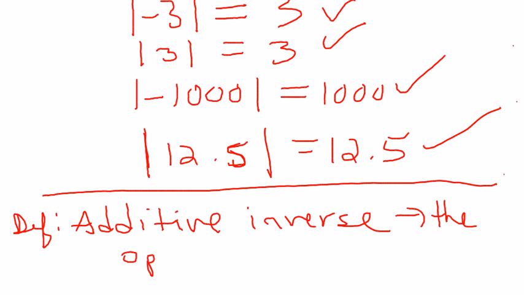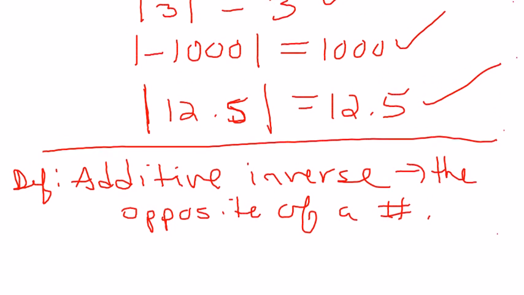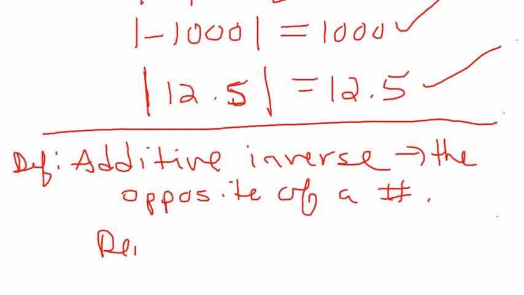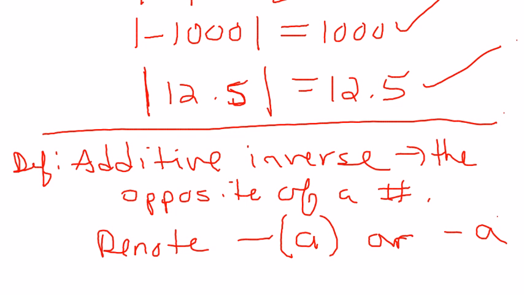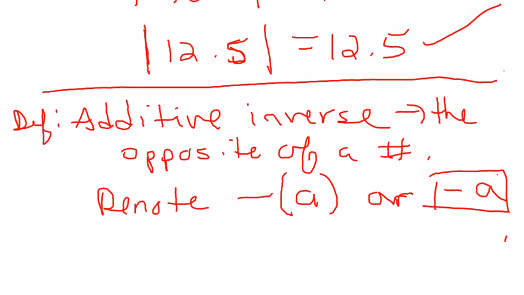So you can just think of it as the opposite of a number. So symbolically, we're going to denote negative A. So we can write it with parentheses like that, the negation of A or the opposite of A, or we could just say negative A like that. That just means the opposite of A. So negative A, the opposite of A, is the additive inverse of A.